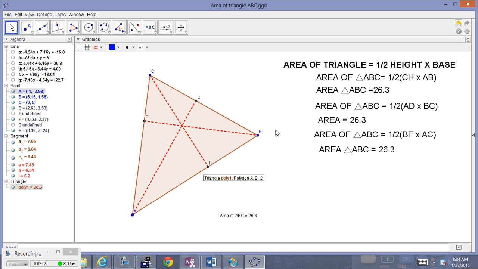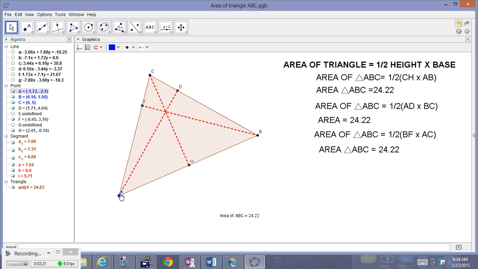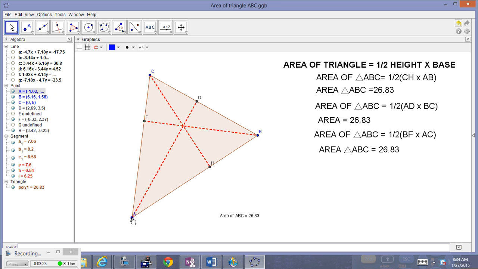Okay, so it's half of the height CH times the base AB, or half of the height AD times the base CB. Okay, or half of the height BH times the base CA. Okay, and any one of those formulas, or all of those formulas, should we say, will result in giving us the area of the triangle.